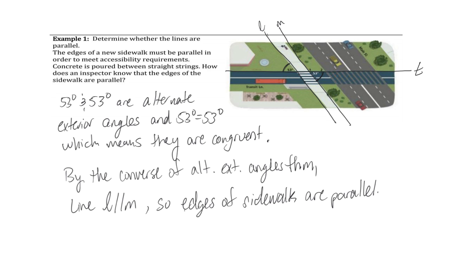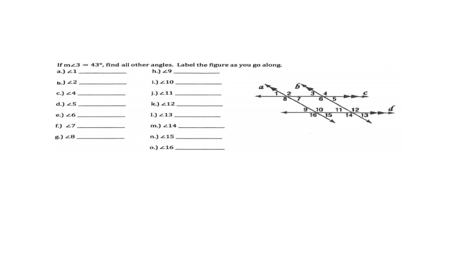All right. Now in this problem, this gives us that angle 3 is 43 degrees. Now, we're going to use the fact that we have parallel lines and transversals to give all of the degrees for all of these angles, right? So our first thing is to find all of the angles that we can see that are congruent to 3, right? So angle 3 is congruent to 5 because they're vertical angles.